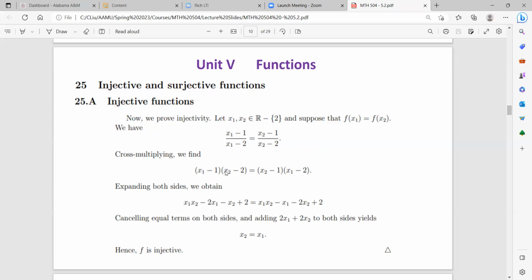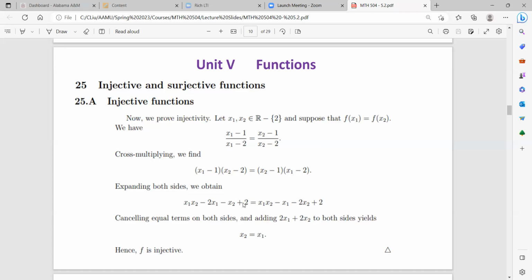So on the left, x1 times x2, minus 2x1, minus 1x2, or just x2, and plus 2, since minus 1 times minus 2 is plus 2. On the right, similarly, you get x2 x1, which is the same as x1 x2, and minus 2 x2, minus 1 x1, or minus x1, and plus 2 again.